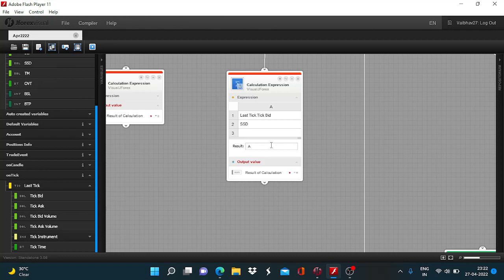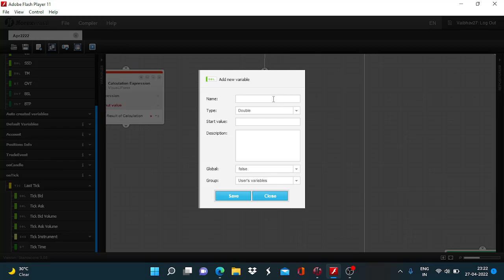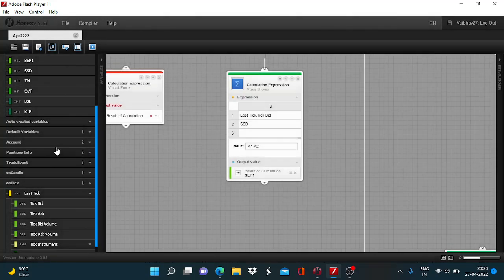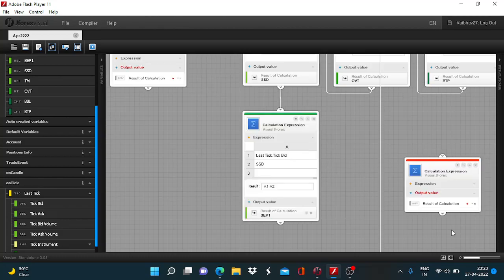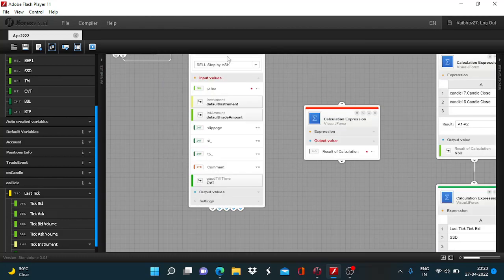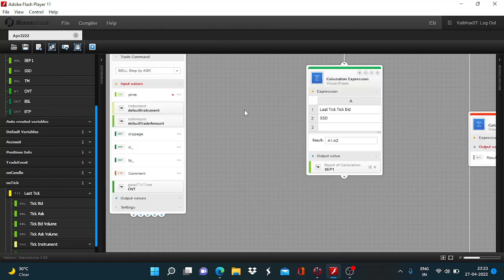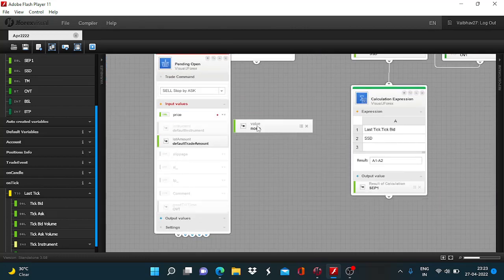So this is now going to be sell execution price, A1 minus A2, SEP. E1. I will place this newly created variable here.